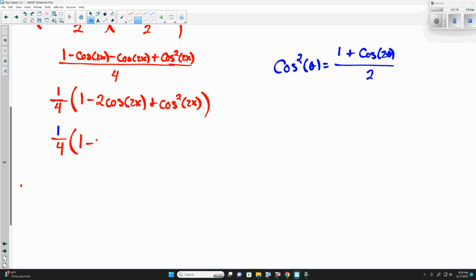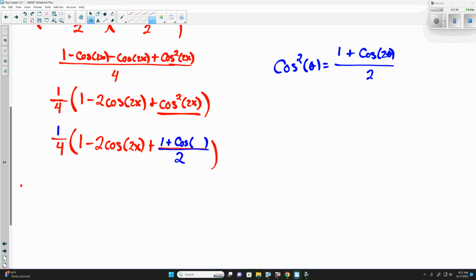We still have the 1 minus 2 cosine of 2x. Now we need to replace cosine squared of 2x with power reduction. So we will have a fraction. We'll have a denominator of 2. Other parentheses. We do have the 1. We do have the plus cosine. But what's inside is not going to be 2x.